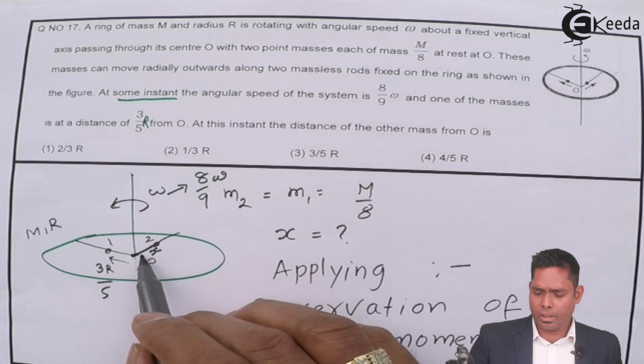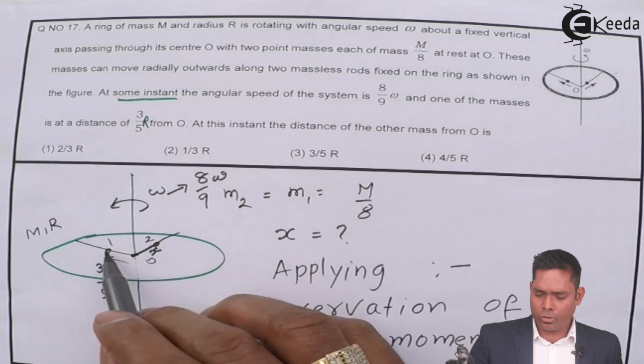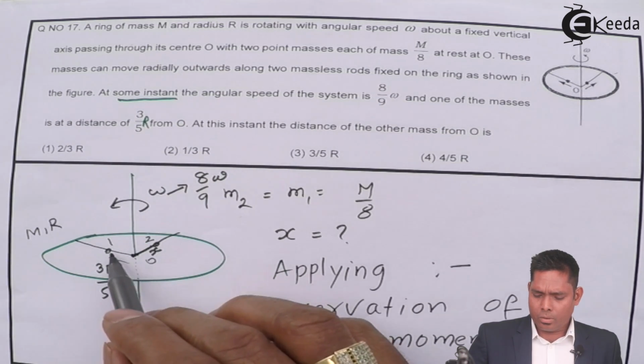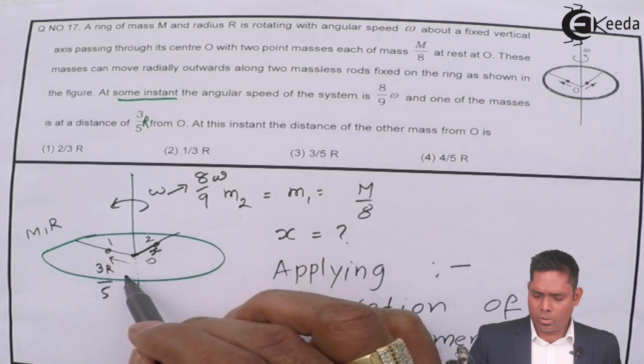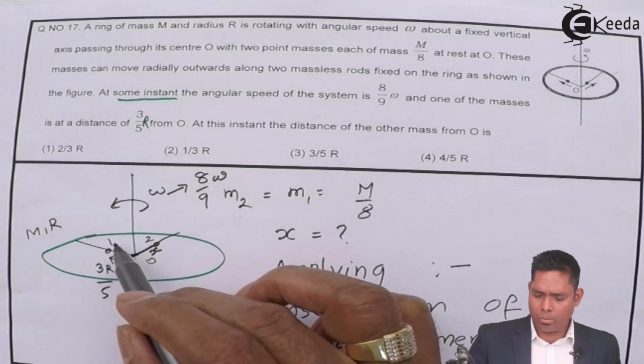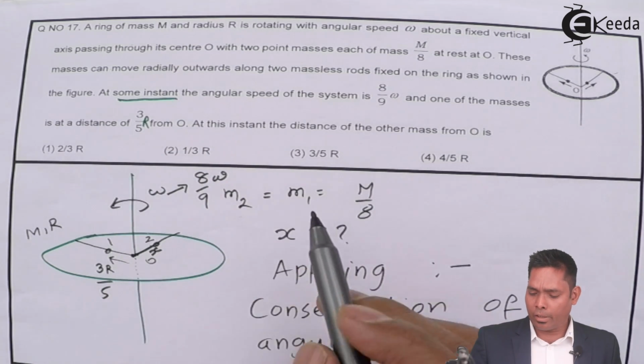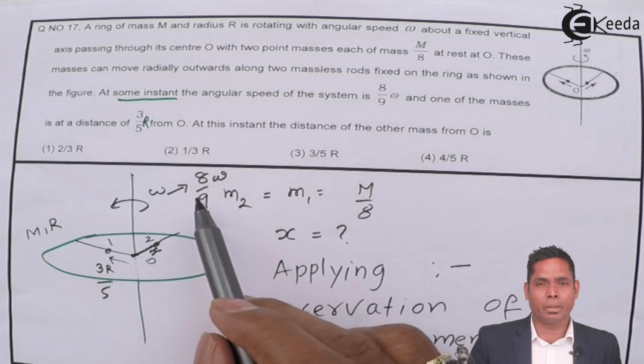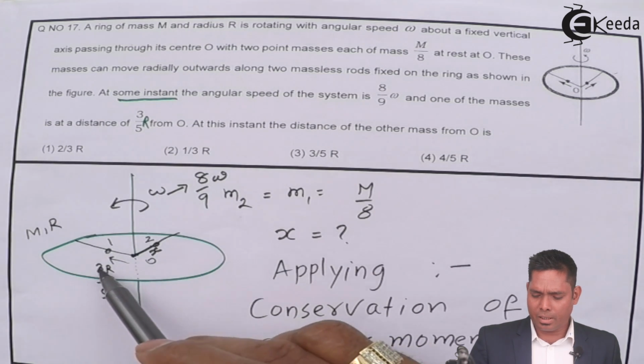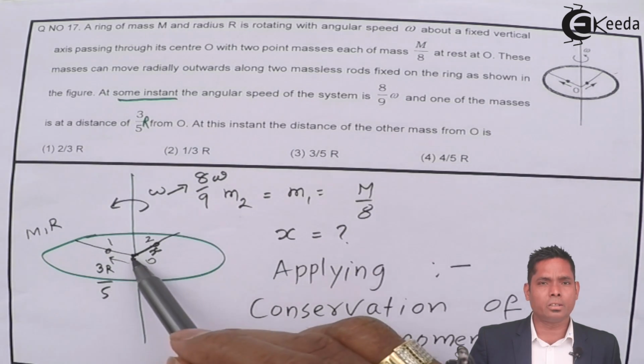plus the angular momentum of these two masses. If the ring is rotating, these will also rotate. So the moment of inertia of this mass at the instant when the angular velocity becomes 8 by 9 omega: for the first mass it is at a distance 3r by 5 from the origin.